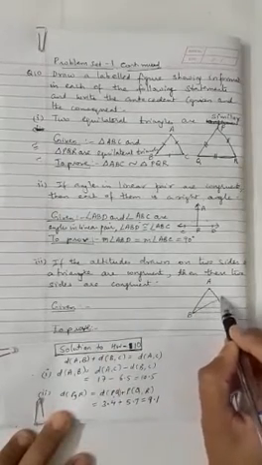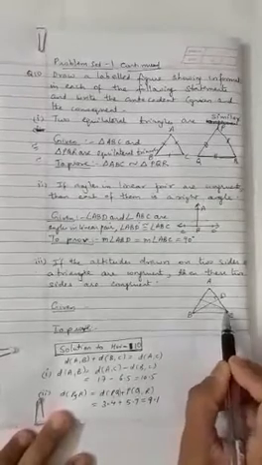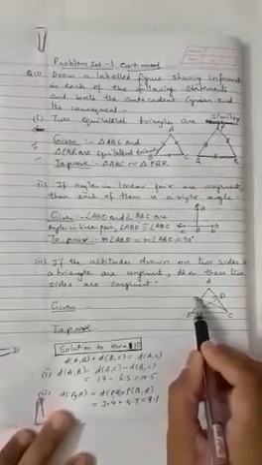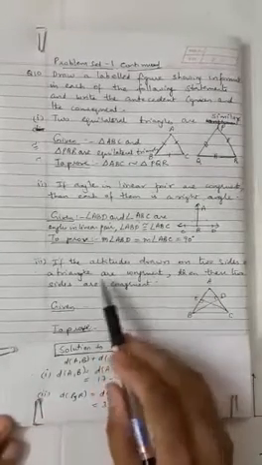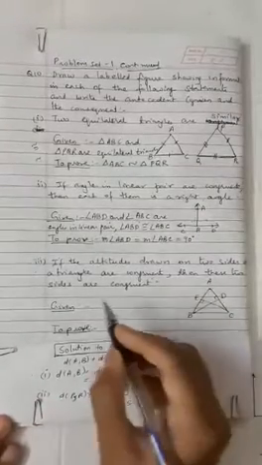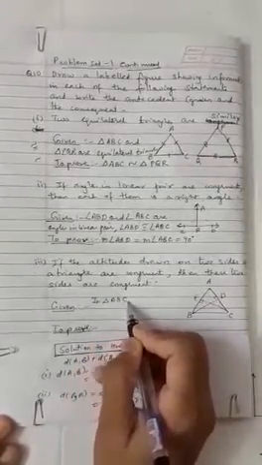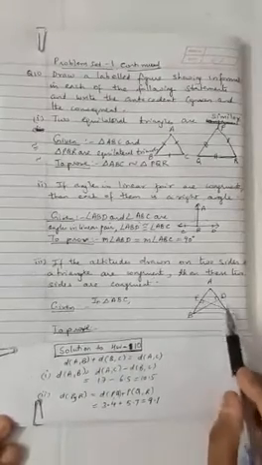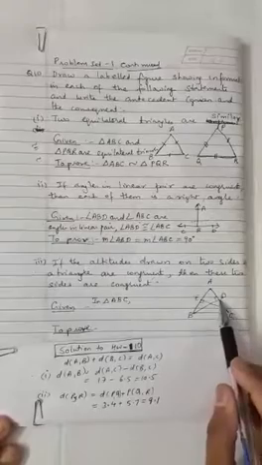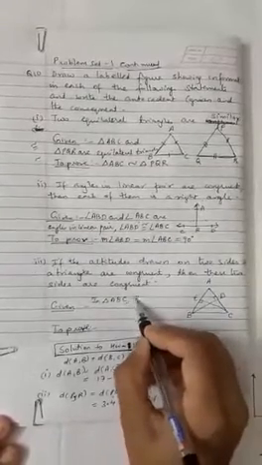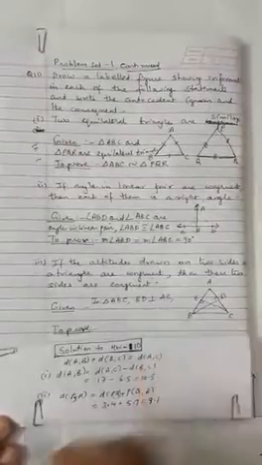So let us take this as D and this as E. In triangle ABC, on side AC we have drawn the altitude BD, so BD is perpendicular to AC, correct?